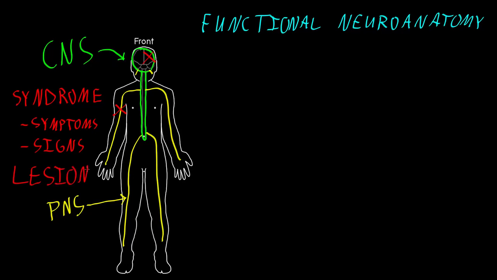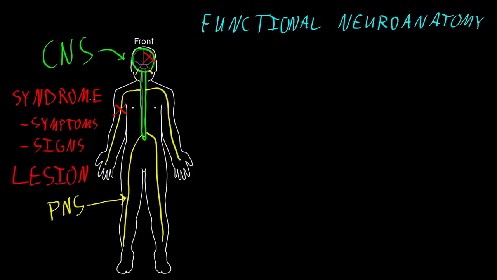When we use that term lesion, what we're referring to is the location of dysfunction, in this case in the nervous system, which could be caused by a number of different types of diseases or disorders or pathologies. But the lesion location is usually what determines the syndrome that occurs, the symptoms and signs that can occur with an area of dysfunction. And then the type of disease that's causing the lesion often determines a lot of other things about what's happening to a patient.